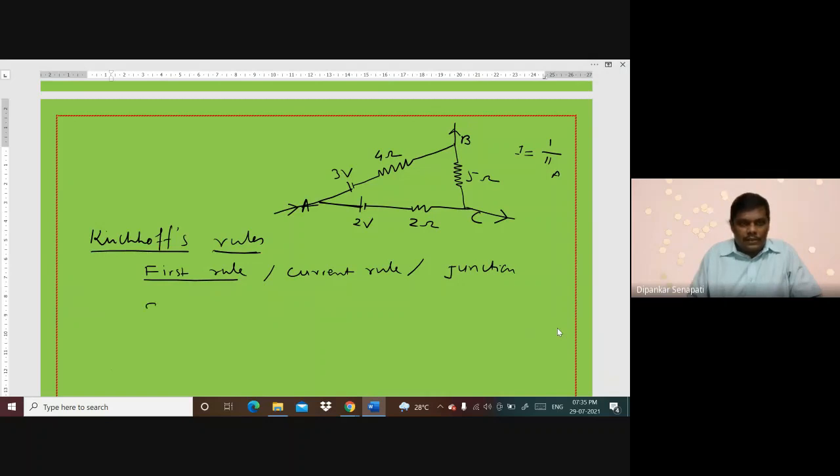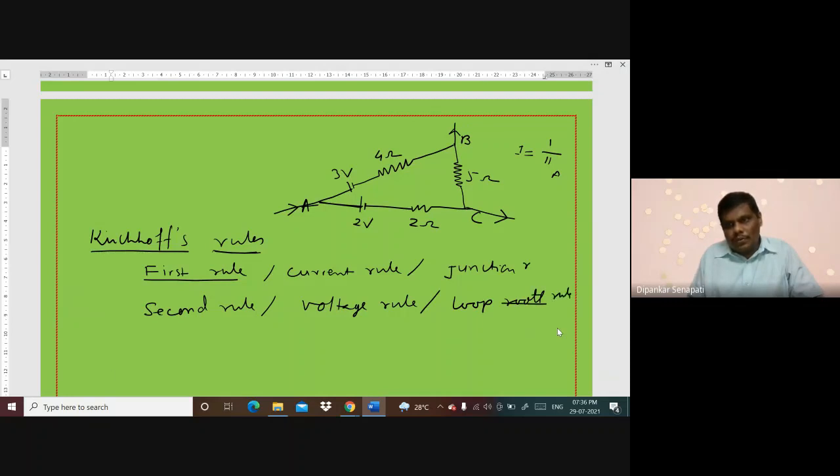The second rule is known as the voltage rule, and this is also known as the loop rule. Now see why it is the current law, because this deals with the electric current flowing through a circuit.